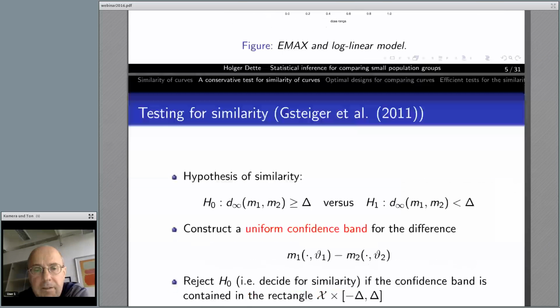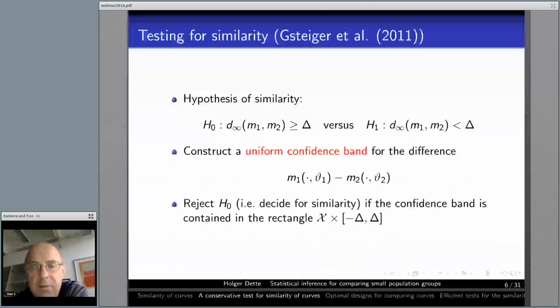Okay, so here's the state of the art, what people are doing right now. We have this hypothesis of similarity: we want to test if the maximum deviation between the two curves is larger or equal than delta against the alternative that it is smaller than delta. What people do is construct a uniform confidence band.